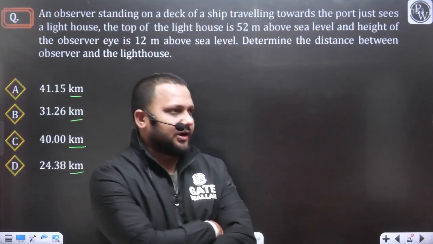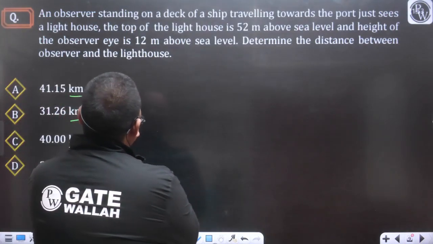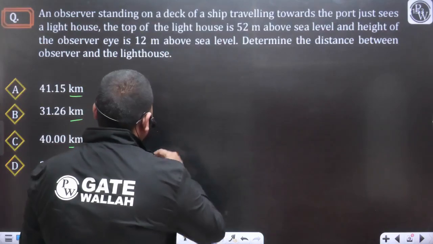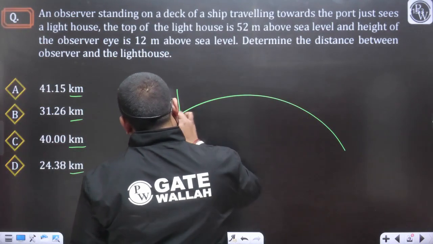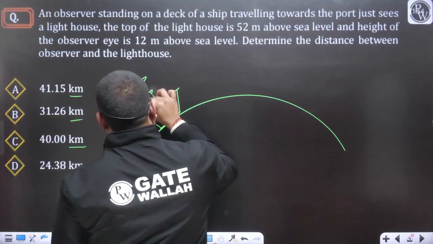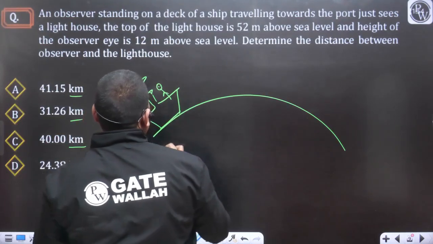Okay, so now let's see what they are asking in the question. An observer is standing on the deck of a ship traveling towards the port. So this is the situation. This is your ship, and an observer is standing on it, looking towards the lighthouse at the port.